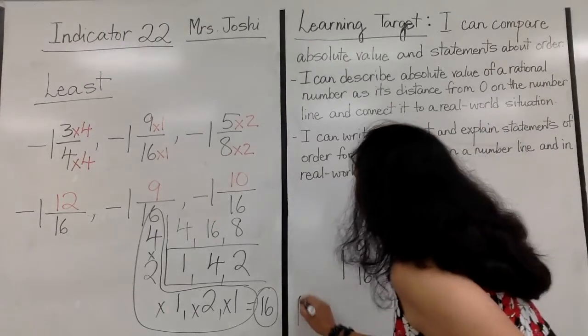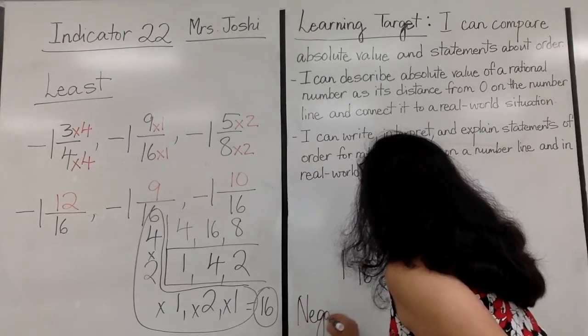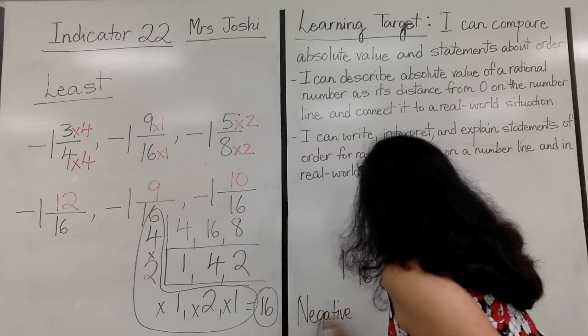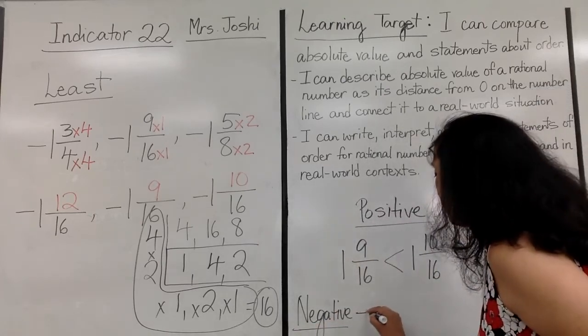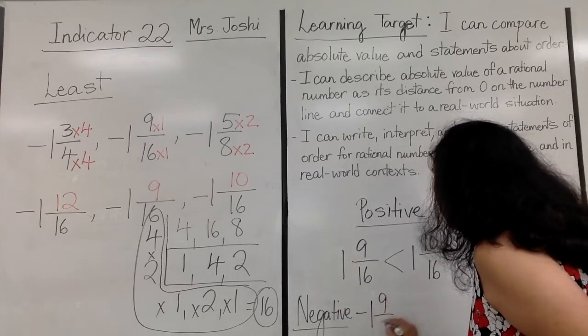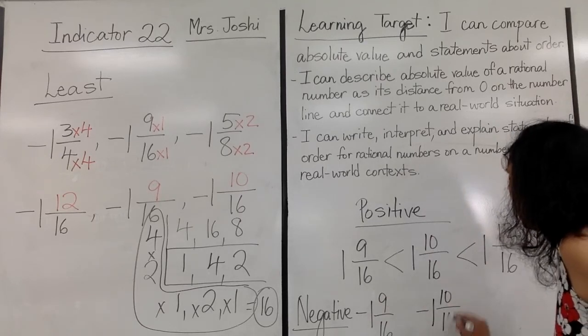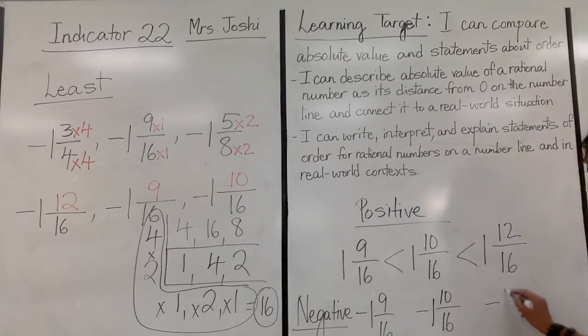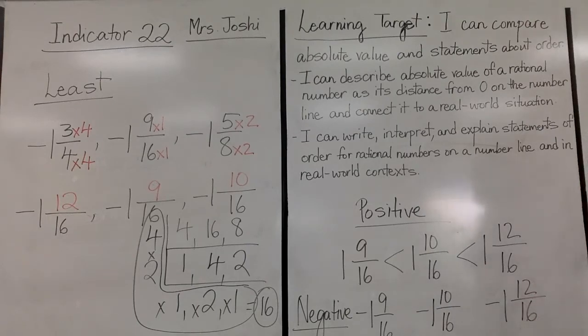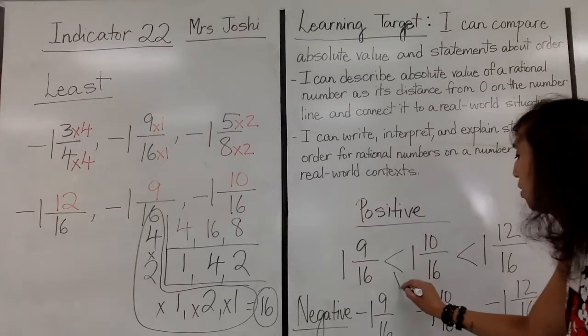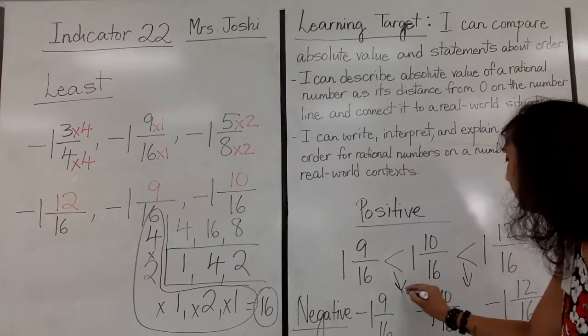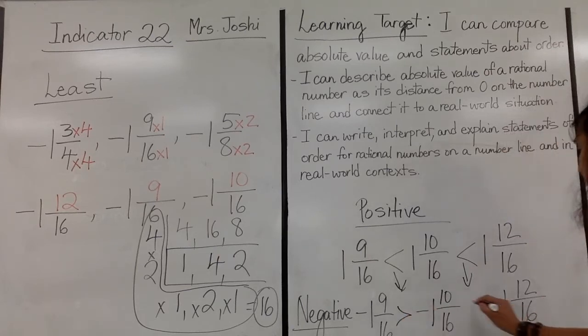Okay, now remember what I said about negative. If they're all negative, so this is negative 1 and 9/16, this is negative 1 and 10/16, and this is negative 1 and 12/16. When they're all negative, because it flips on the other side of 0, we are going to flip these, and this is greater and this is greater.